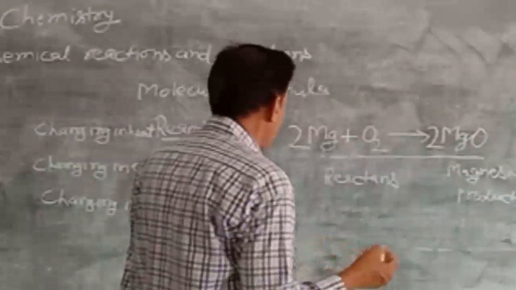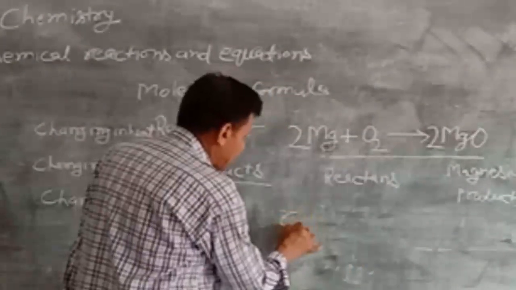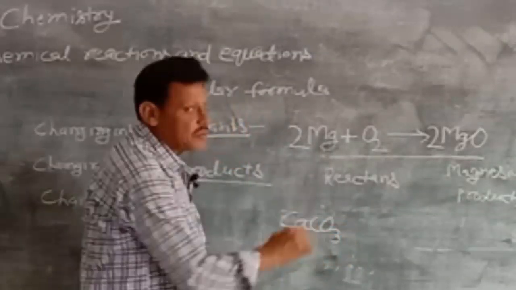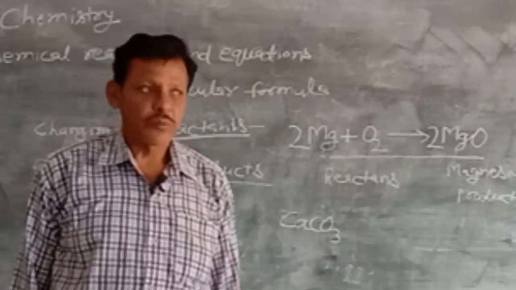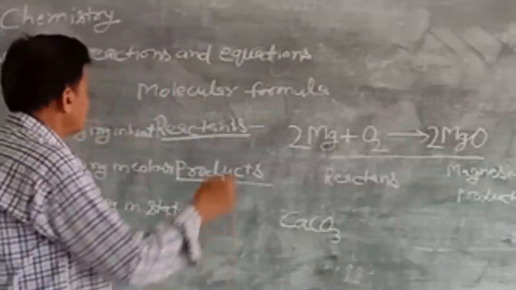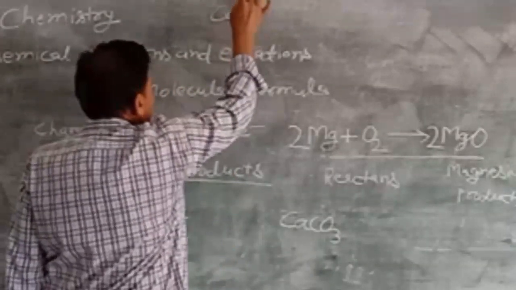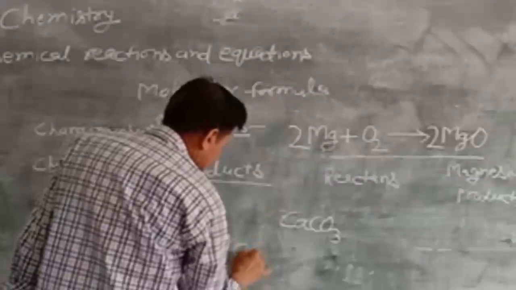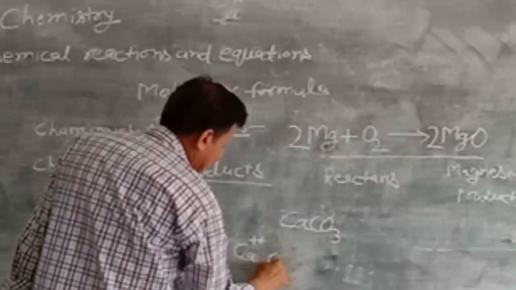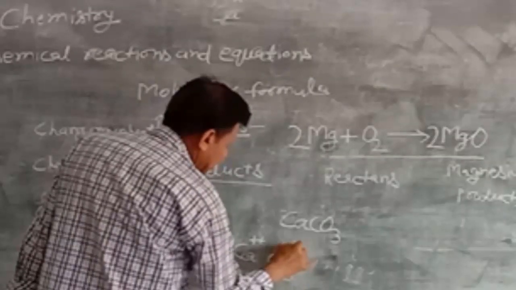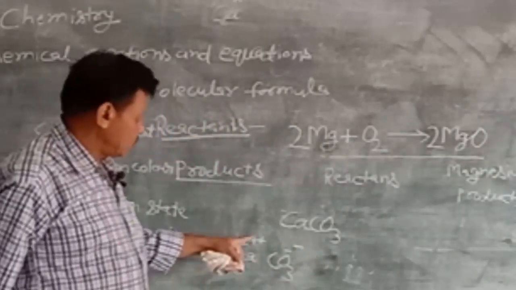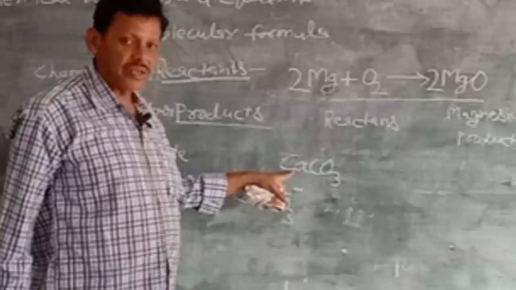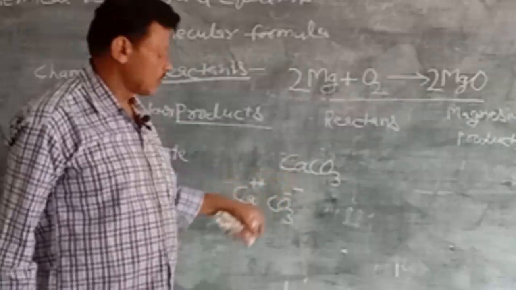For example, when we heat calcium carbonate, the molecular formula of calcium carbonate: Ca positive positive, carbonate negative negative, then these two valencies are cancelled to each other, and the molecular formula of calcium carbonate is CaCO3.